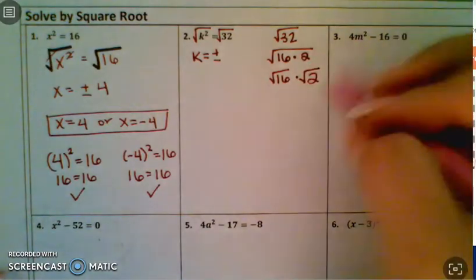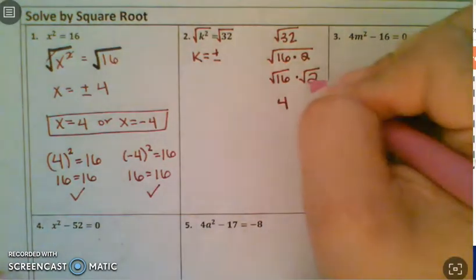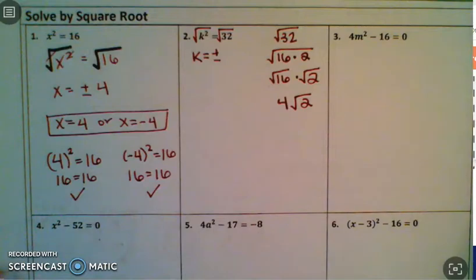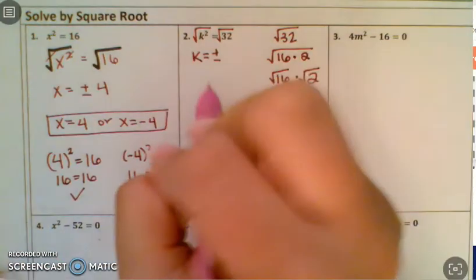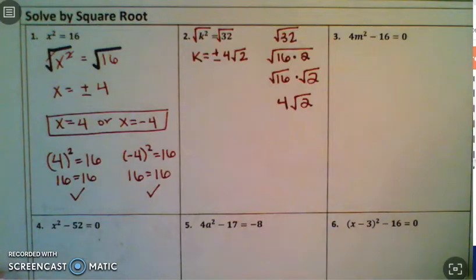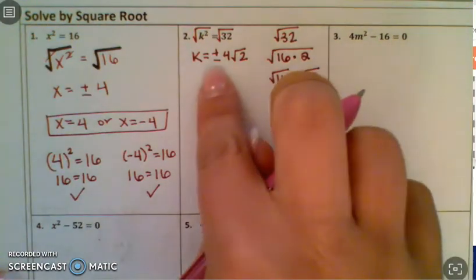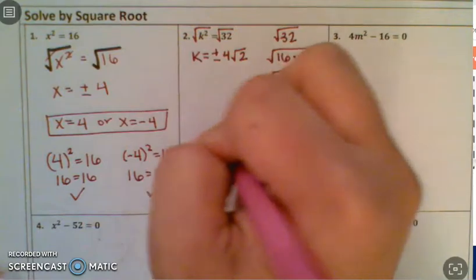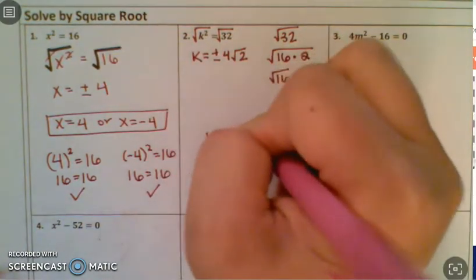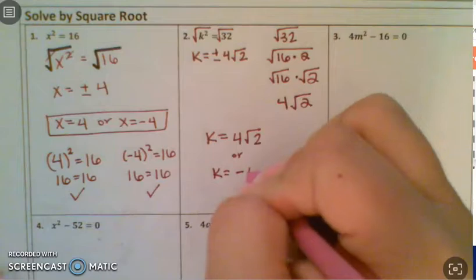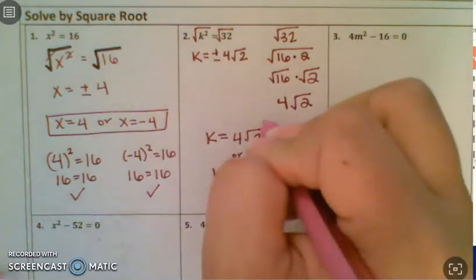The square root of 16 is 4, and root 2 we can't do anything with, so you put it next to it. So our final answer is plus or minus 4 square root of 2. And you can either keep it as plus and minus, or you can rewrite it as k equals 4 root 2, or k equals a negative 4 root 2.